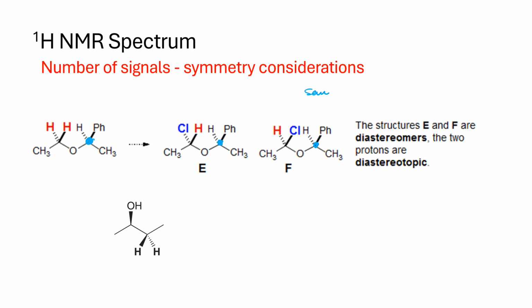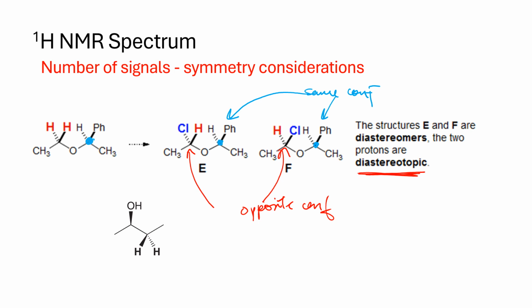So same configuration in each, but you're creating a new chiral center, and this had the opposite configuration. So these two have opposite configuration. Because of that, E and F are related as diastereomers, and we call those H's diastereotopic. Important that these two will give different signals. So when you're counting the total amount of signals, it matters.